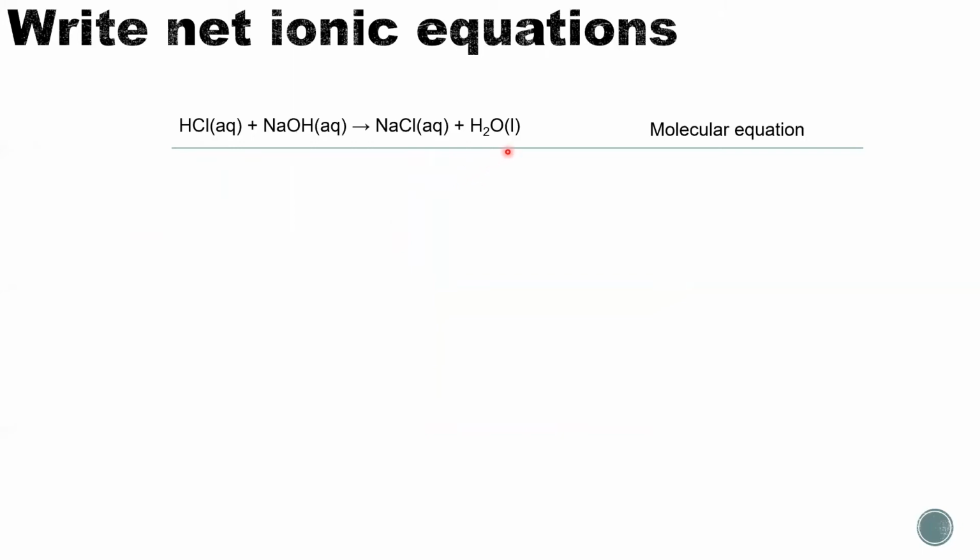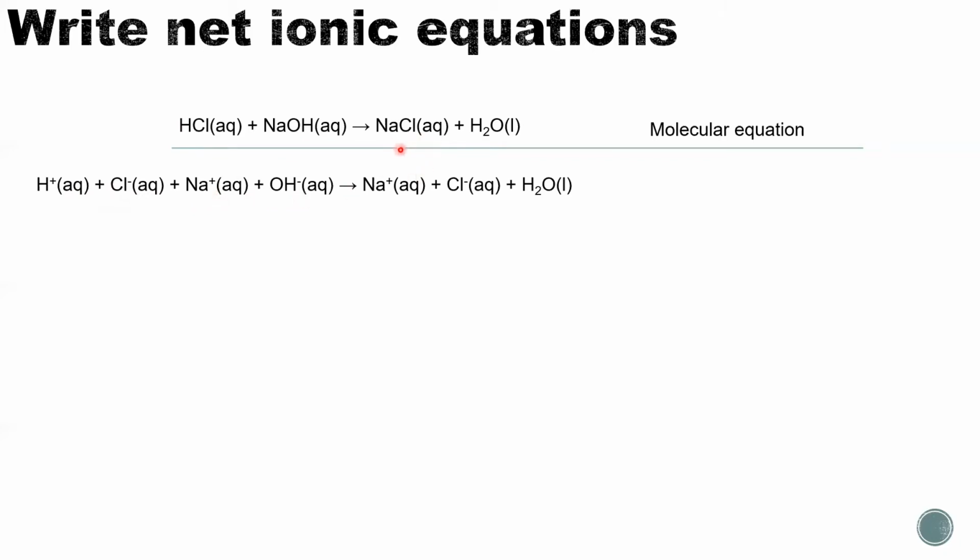From the molecular equation, we can first write the total ionic equation, splitting apart each chemical that is soluble in water. If the chemical is not soluble in water, then we don't split it apart. So for this one, hydrochloric acid can be written as H+ and Cl-. Sodium hydroxide can be split as sodium ion and hydroxide anion.